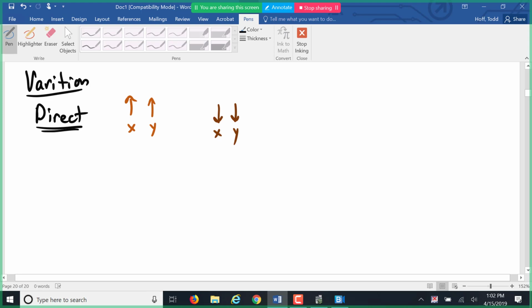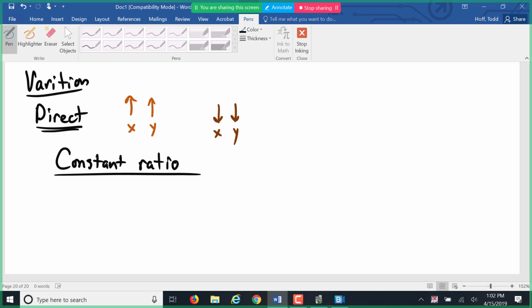Direct relationships, direct variation, is often referred to as a constant ratio. The ratio of two values, the relationship within that ratio, is going to stay the same. Well, what does that mean?